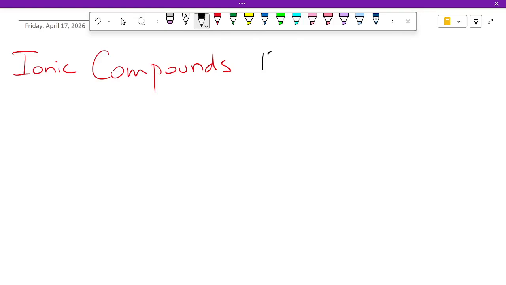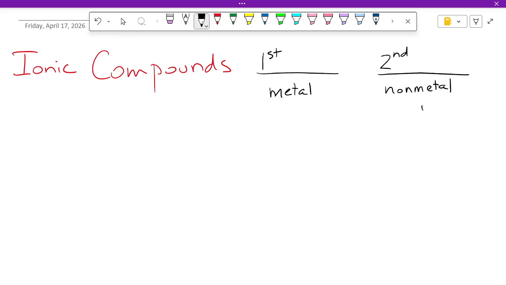What did we write first? The metal. And second, we wrote the nonmetal. Which name did we have to change to "ide"? The nonmetal, the ending changed to "ide."